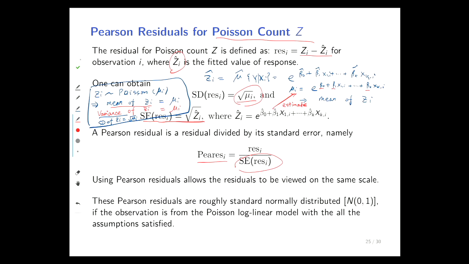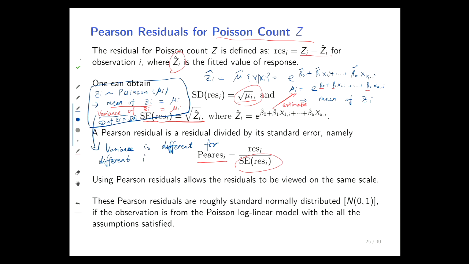Here is something I need to tell you. From this derivation of the variance of zi, we can find that the variance is different for different i.